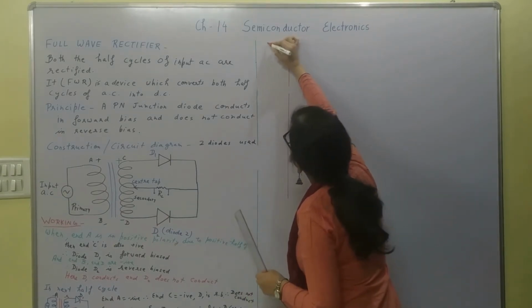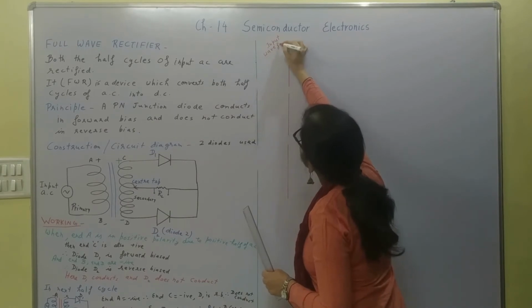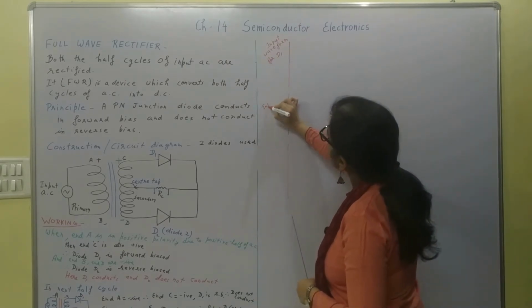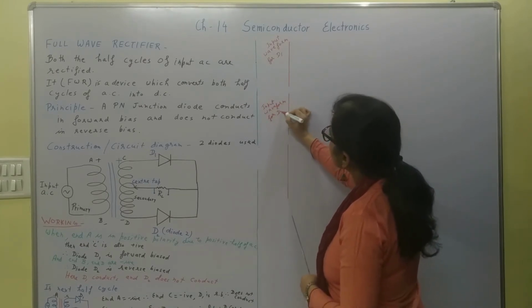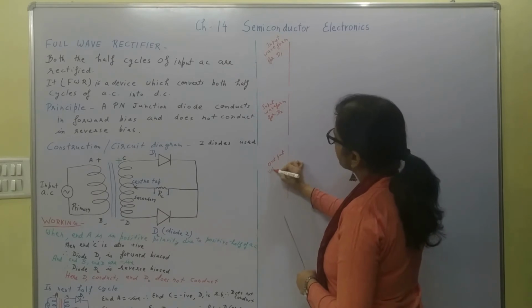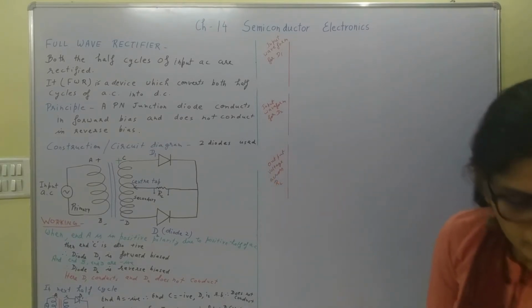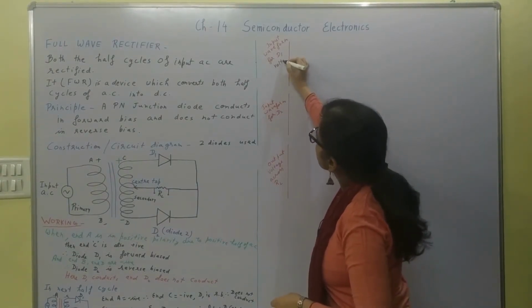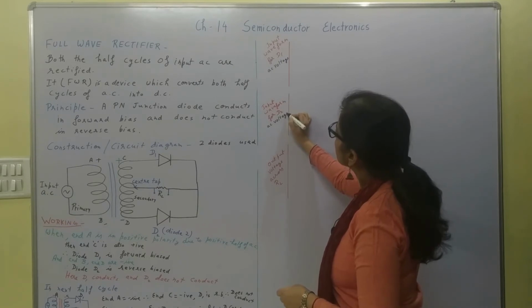Here I will draw the input waveform for D1, the input waveform for D2, and this is the output voltage across the load resistance, right?